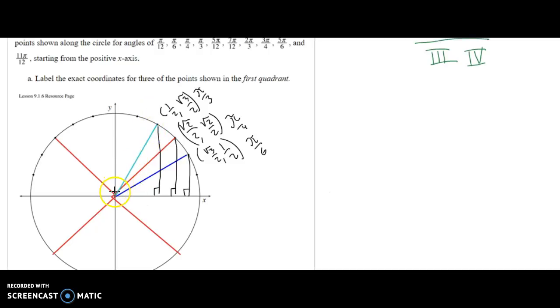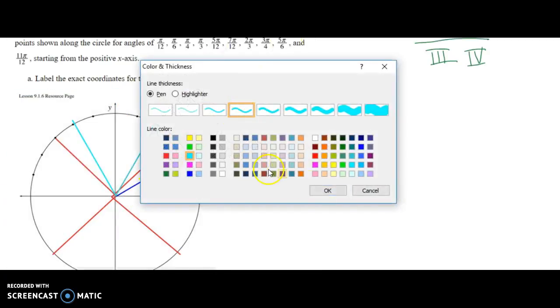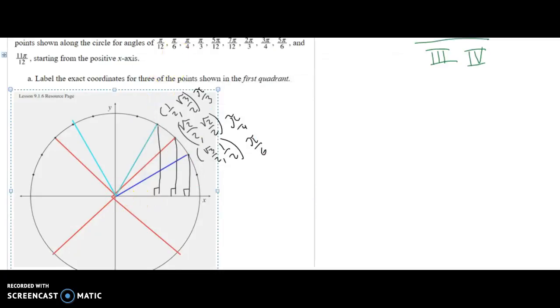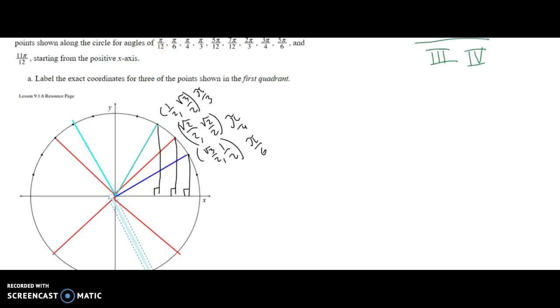This was our pi thirds, and our mirror image, we have a mirror image there. We would also maybe have a mirror image like that. Correction. We'd have kind of mirror image like that.